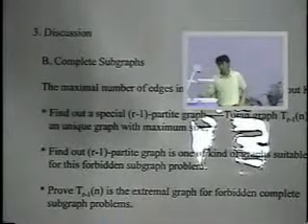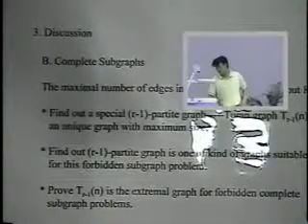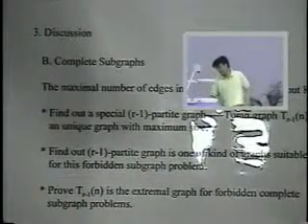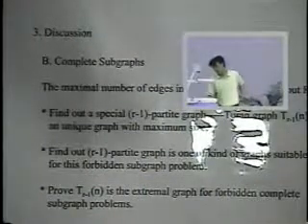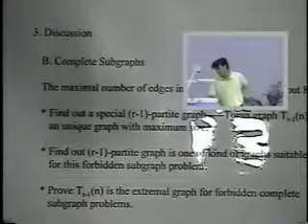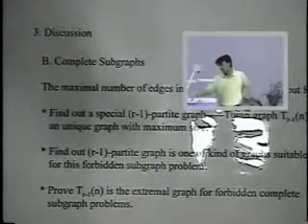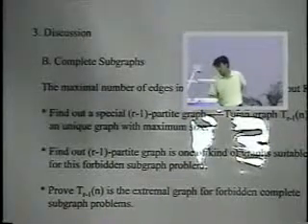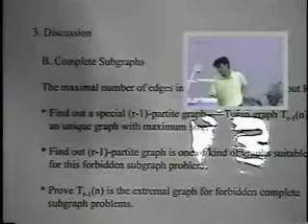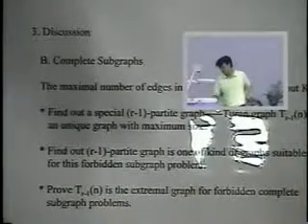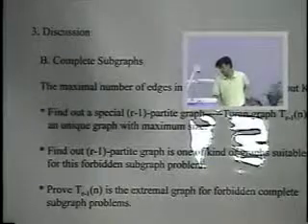But we don't know which kind of (r-1)-partite graph is the extremal graph. So let's look at a special (r-1)-partite graph, the Turán graph T_{r-1}(n). It is a unique graph; in fact, it is the graph with maximum size in this kind of graphs. We also prove that this graph is exactly the extremal graph for the forbidden complete subgraph problem.